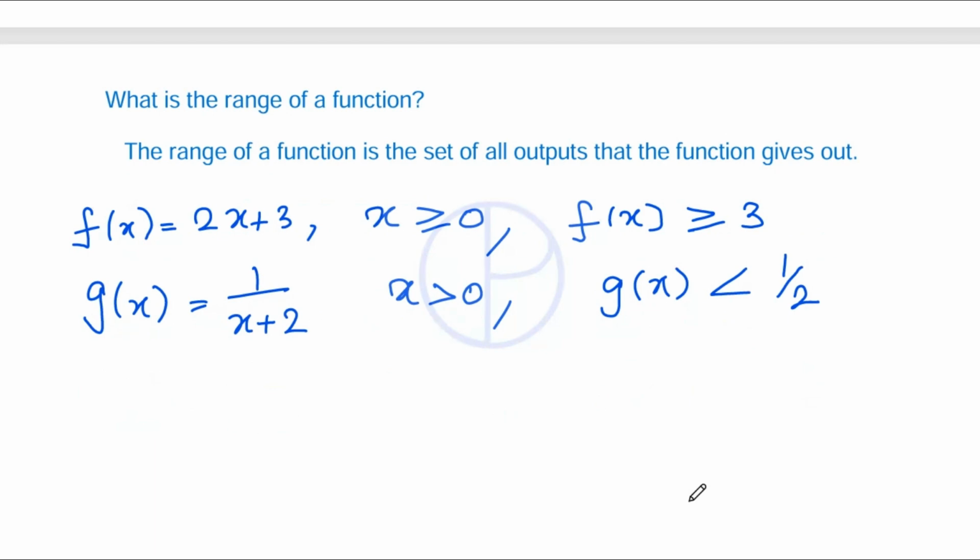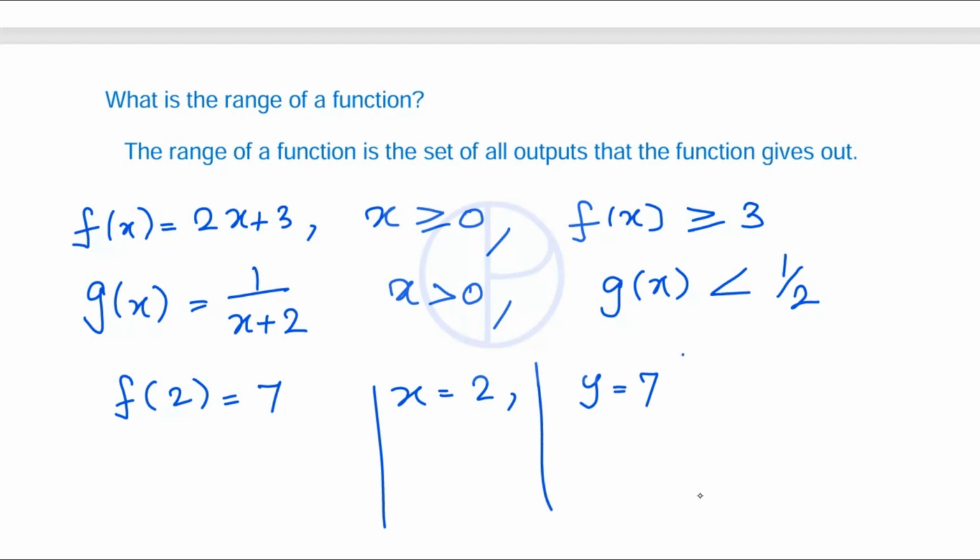we can look at a function in a variety of different ways. We can look at them in terms of their table. Okay, so x equal to 2, y equal to 7.